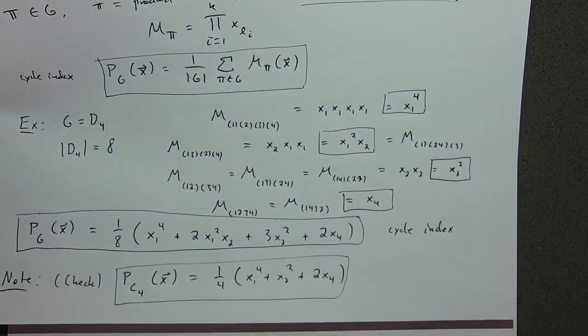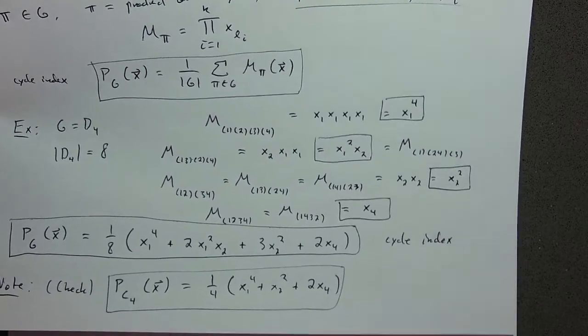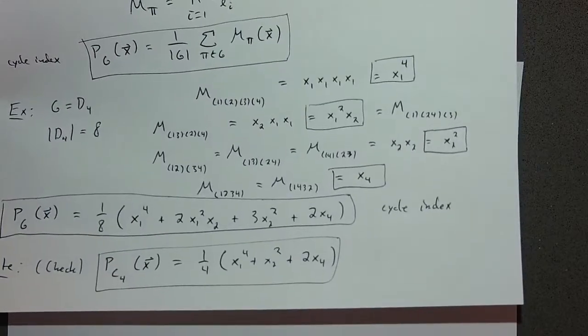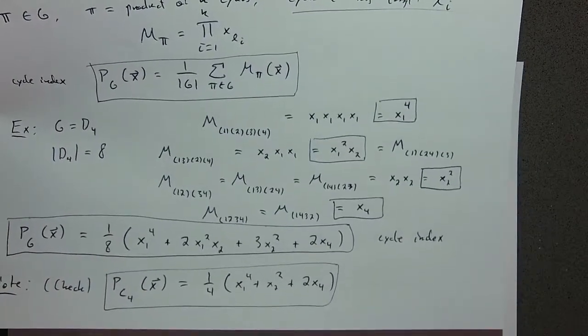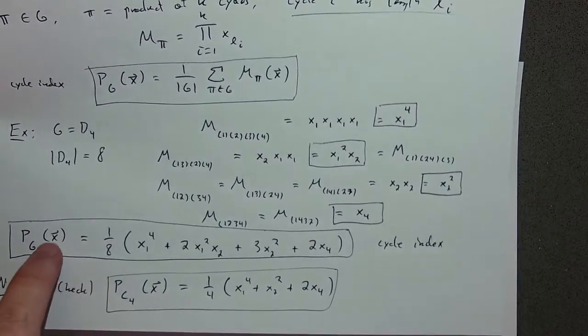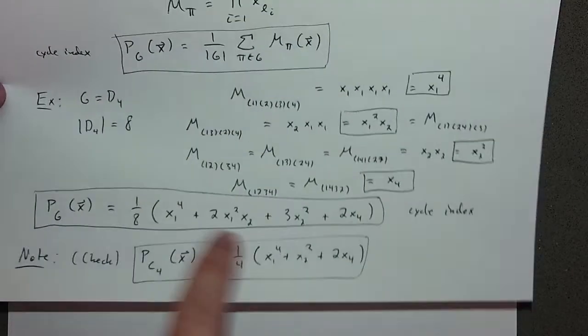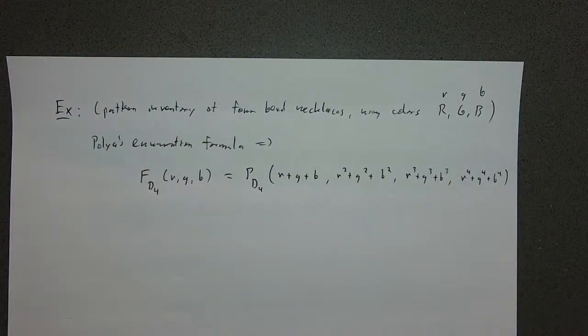So the cycle index was this thing, and I'm plugging in for my vector x. My vector x has 4 slots, x sub 1 to x sub 4. I'm plugging these things in.